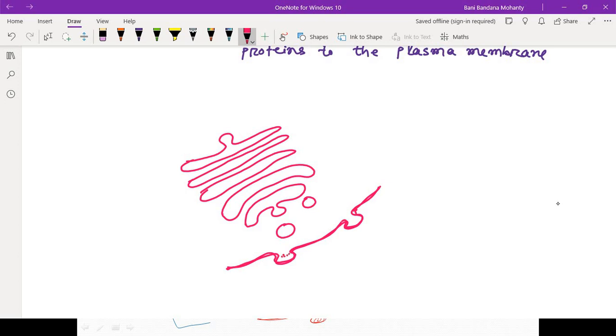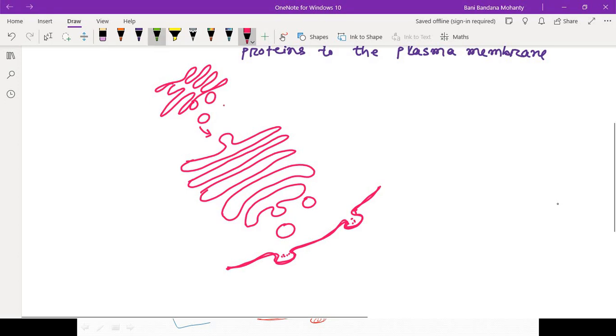Here, the products come from the endoplasmic reticulum. This one is the endoplasmic reticulum. The first step, this is the first step, and this is second.